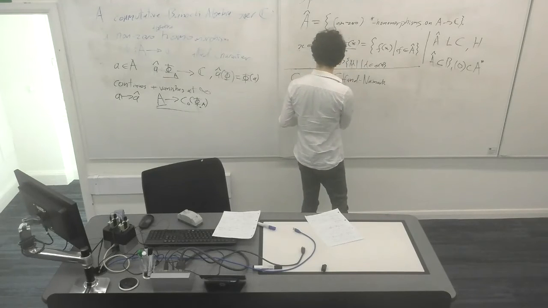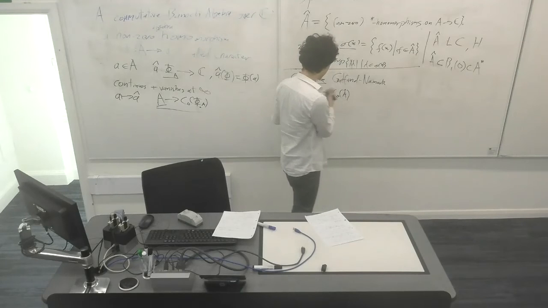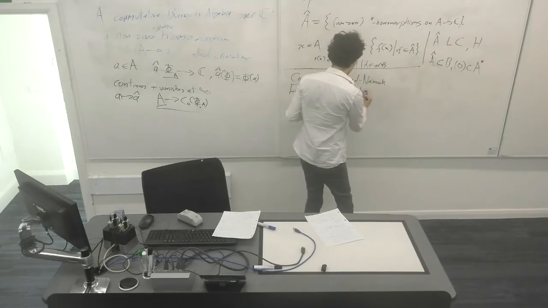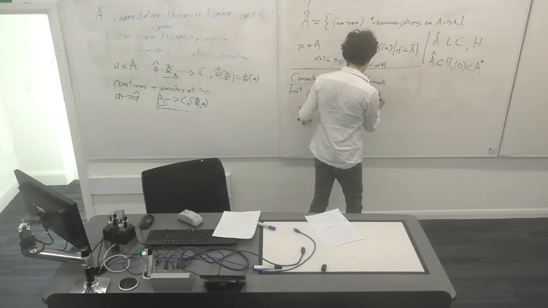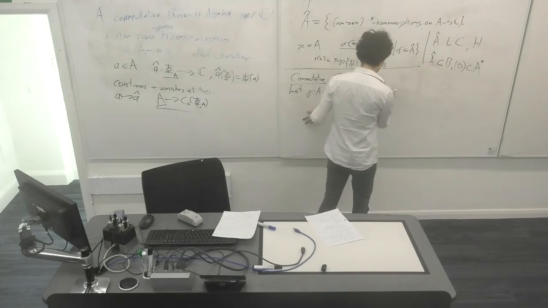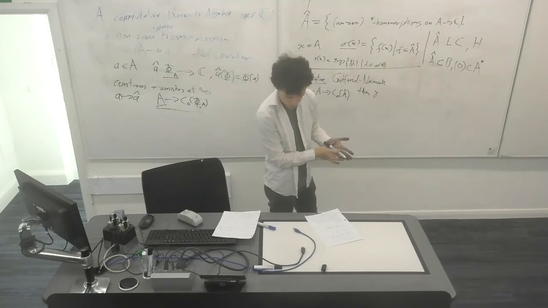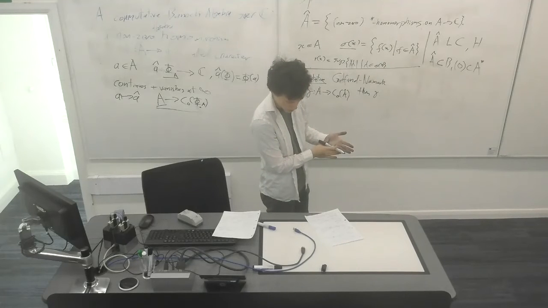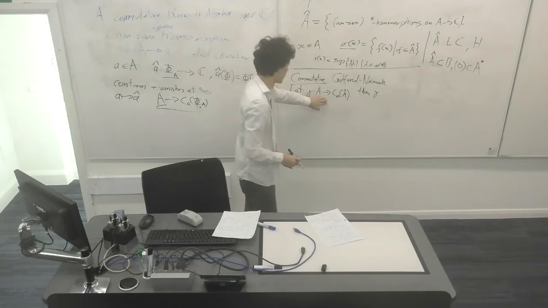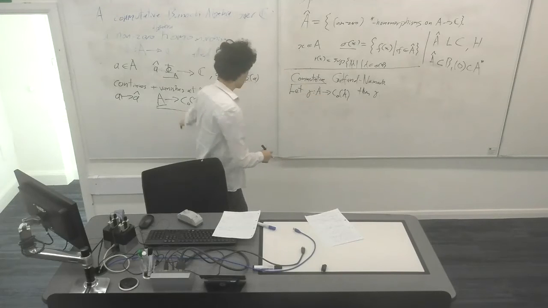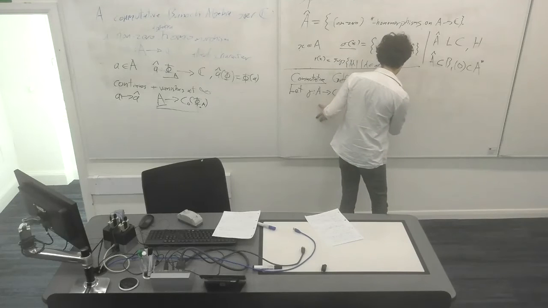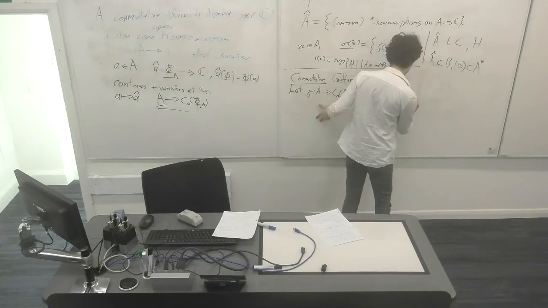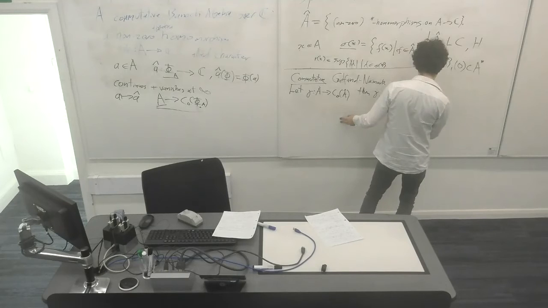So the statement of the theorem is: let gamma of a be as above; this is the Gelfand representation. Then gamma is an isometric isomorphism.